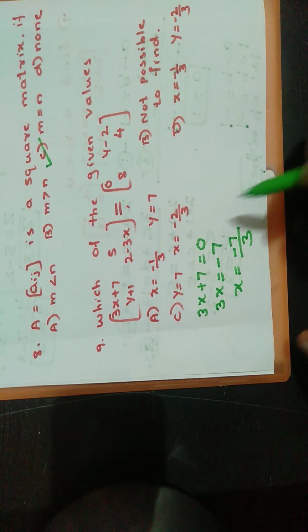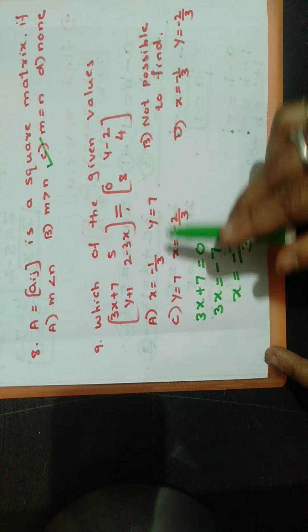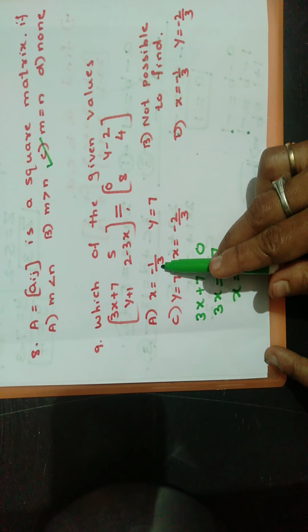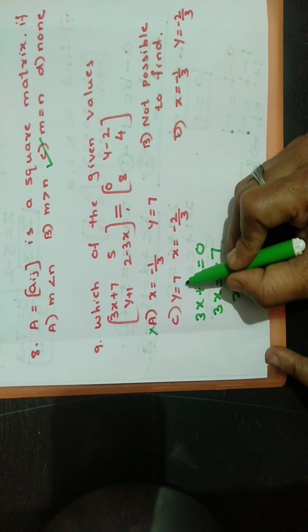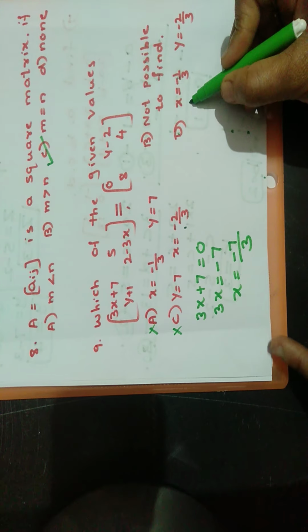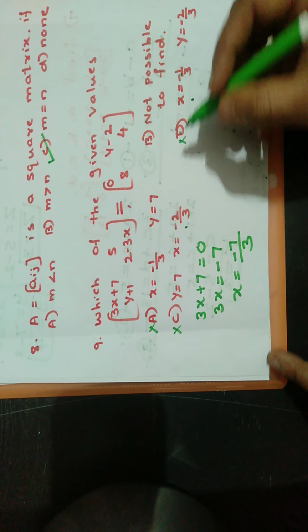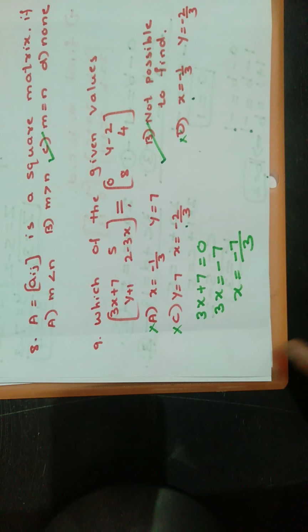Option A, minus 1 by 3, is not correct. Option C, x is equal to minus 2 by 3, is wrong, and x is equal to minus 1 by 3 is also wrong. So which of the given values is not possible to find.